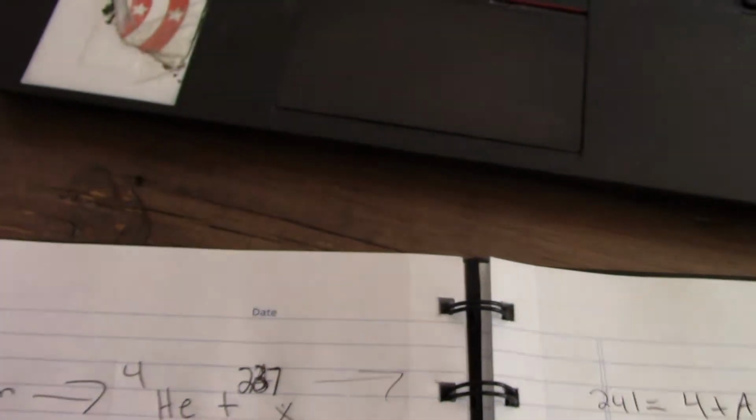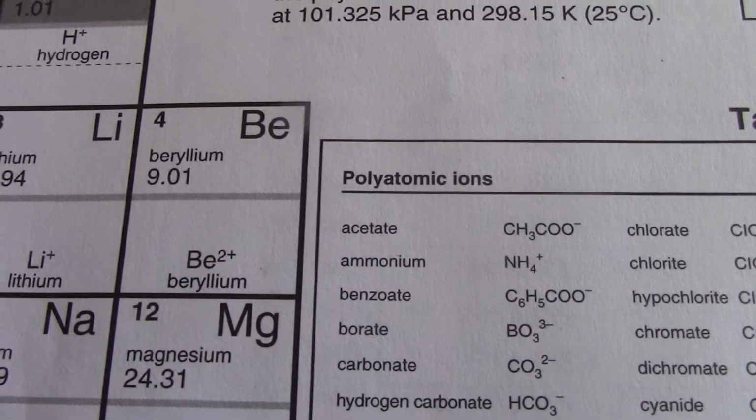So this is beryllium-8, Be8, and beryllium is decaying. If I look at my periodic table, it has an atomic number of 4. So this is Be4, a beryllium-8 isotope, and it alpha decays.